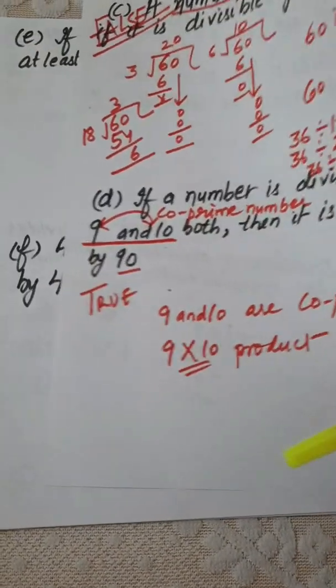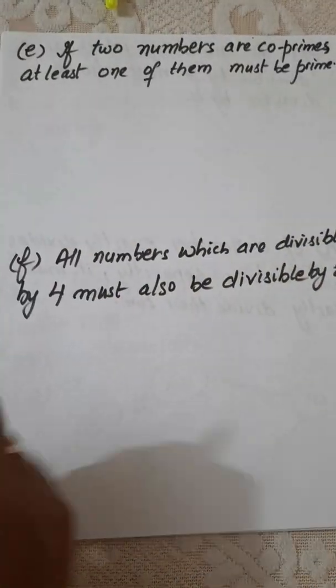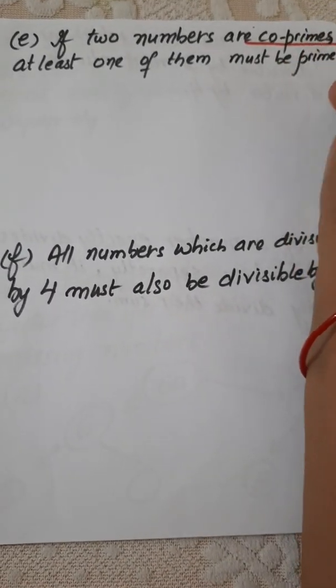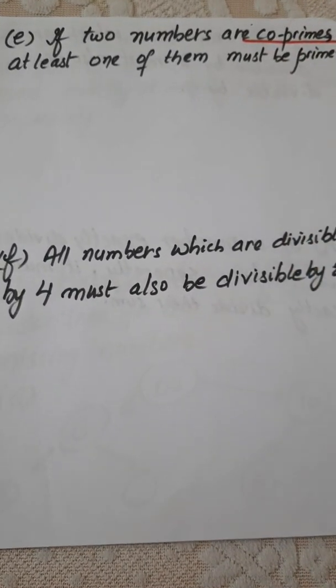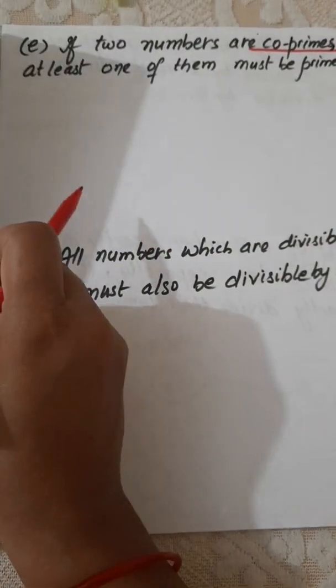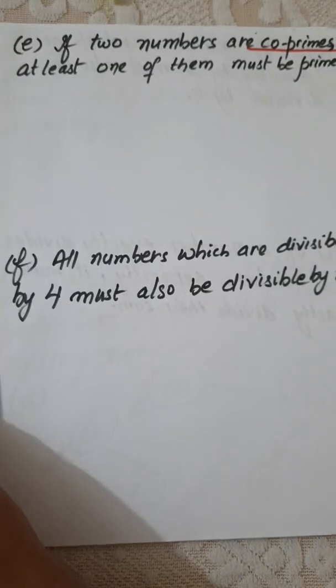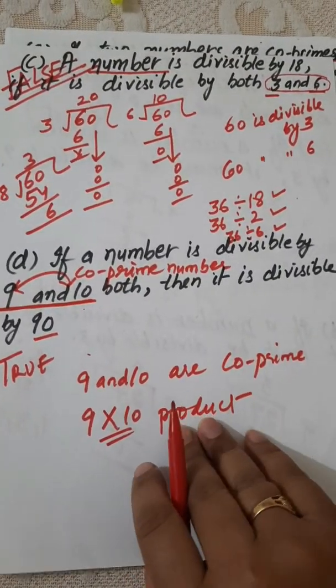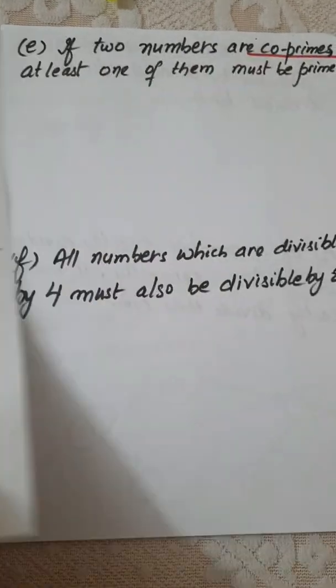So let's continue with the E part. Here the E part is, if two numbers are co-prime, and we know that co-prime numbers are numbers in which the common factor is 1, at least one of them must be prime. As we did in the D part, we have 9 and 10. 9 and 10 both are co-prime numbers.